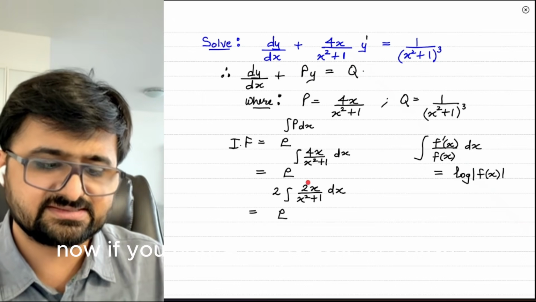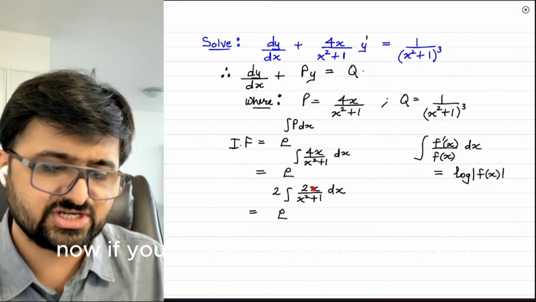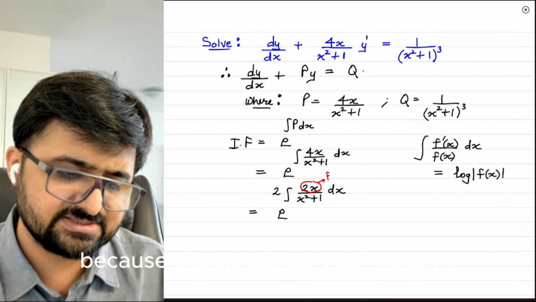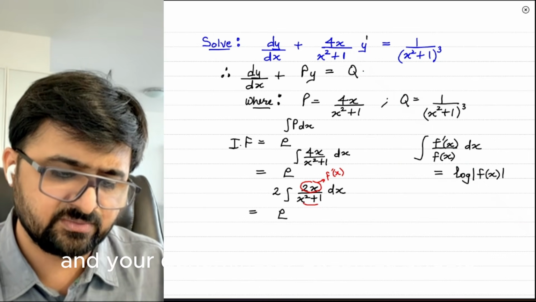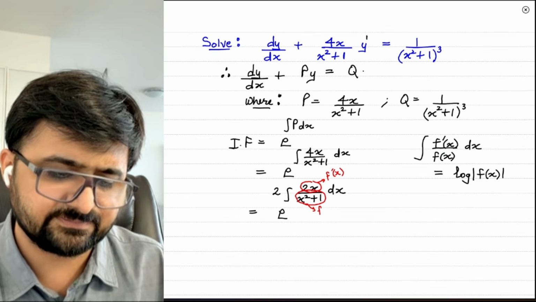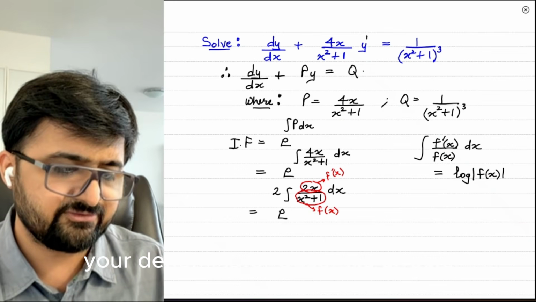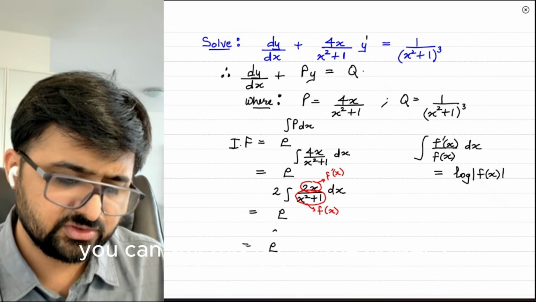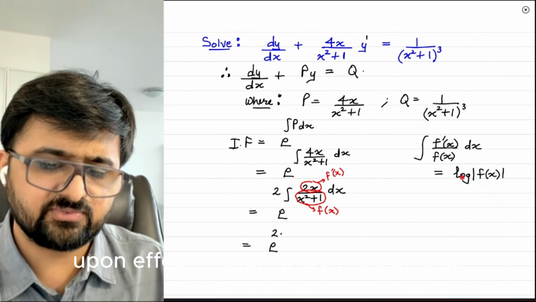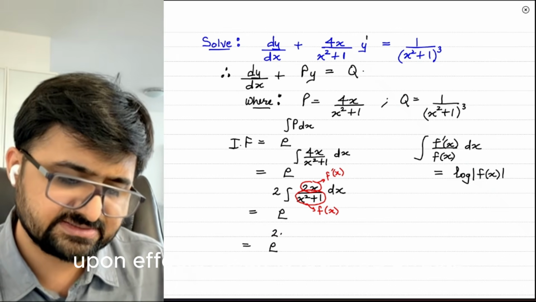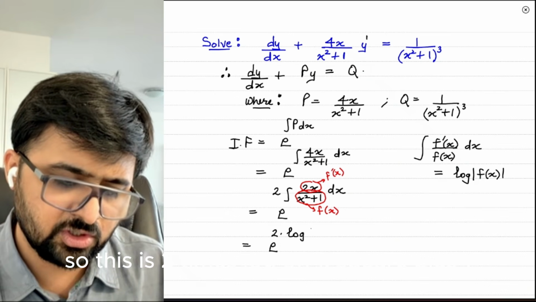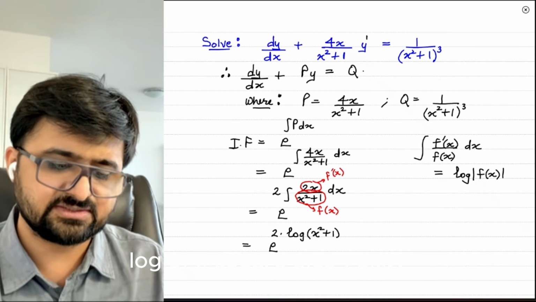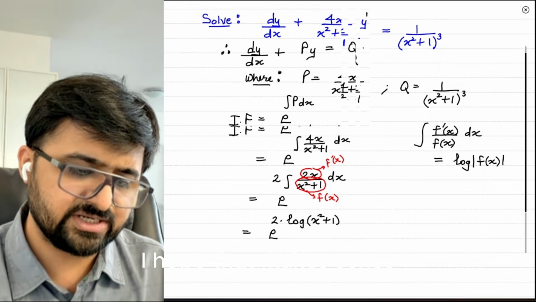Now, if you notice, this is exactly f dash x over fx, because this becomes your f dash x and your denominator becomes fx. So immediately now you can say this is e to the power 2 times f dash x upon fx. Result is log mod fx. So this is 2 times log of x square plus 1. I hope that makes sense.